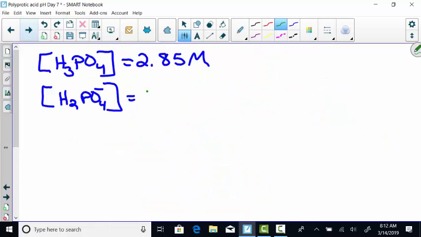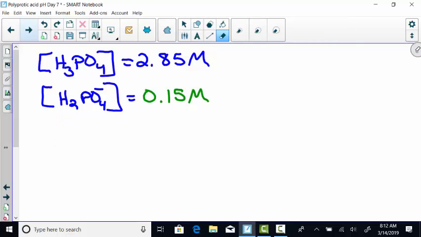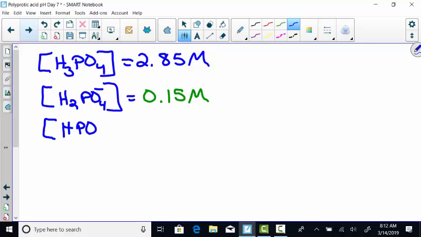This concentration is 0.15 molar. But I now also have the concentration of HPO4 minus, which is 6.2 times 10 to the minus 8th molar. All right? So I have those ions.